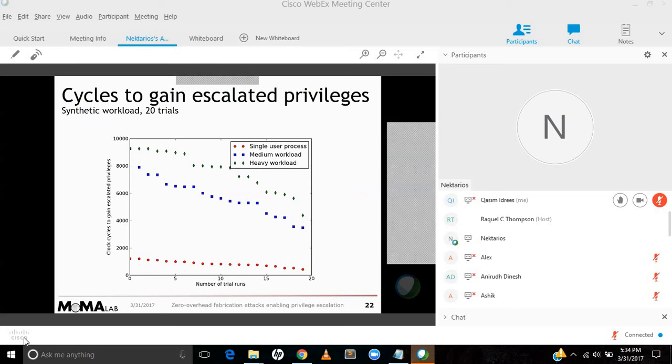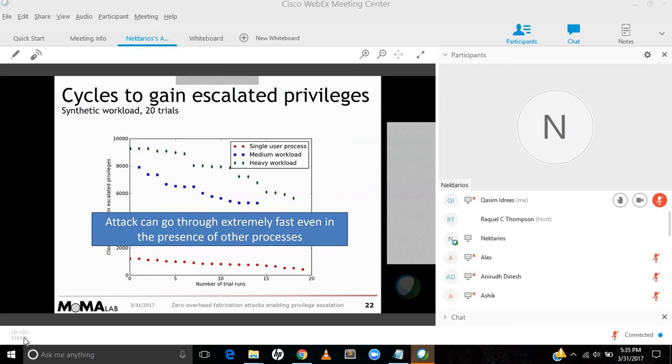So you have to try it a lot. It's not like something that you can try only once and you have 100% success probability. Here you have to try it 10,000 times if you have other processes running in the system and you have very often context switches. Or if you have only a single process, it takes less than 2,000 clock cycles to gain privileges.